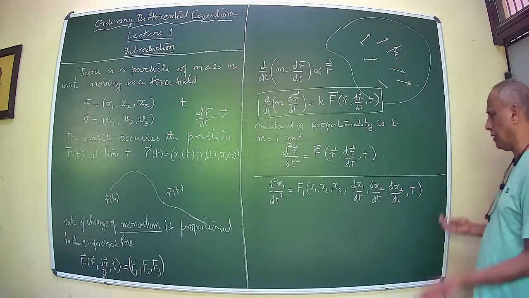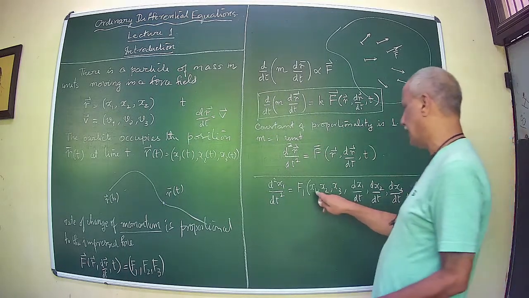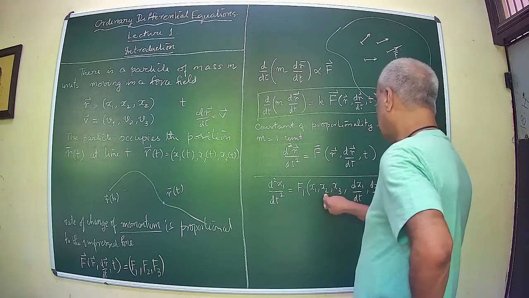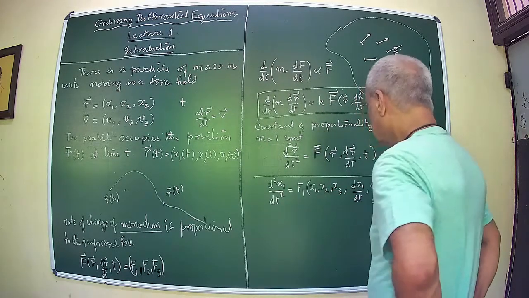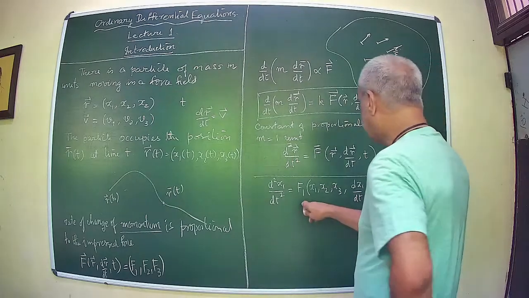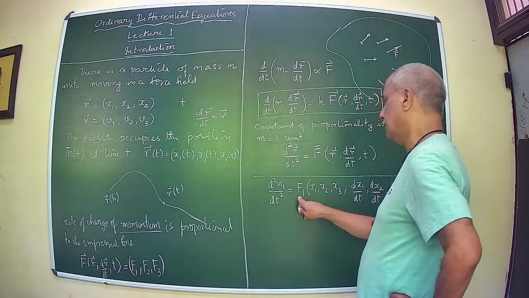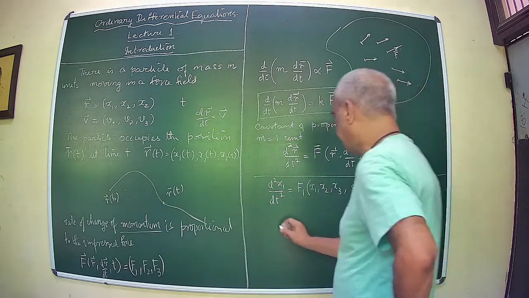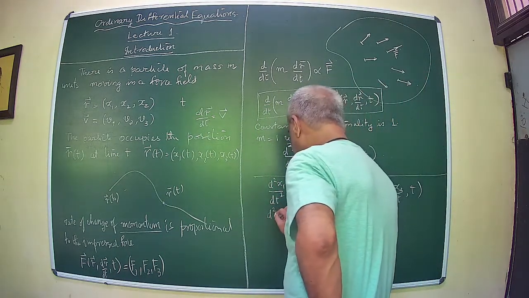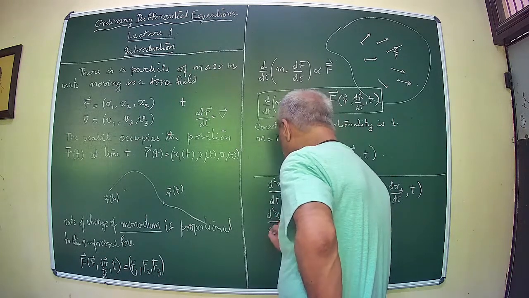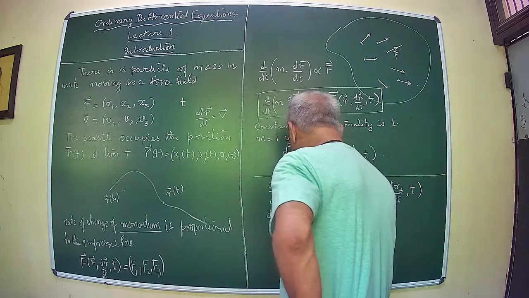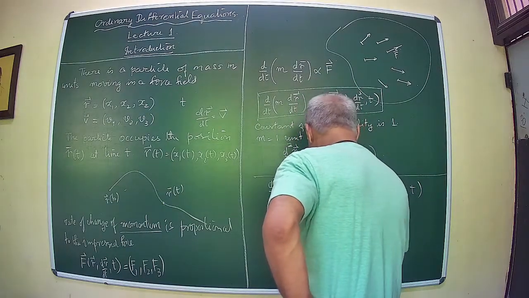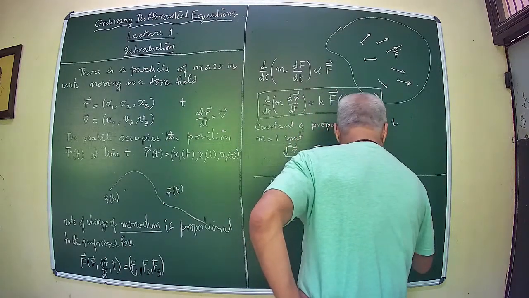Therefore, the problem is this: the unknowns are x1, x2, x3, where all these things are known here. f1 is given, and then you know that these relations are satisfied. I will also write the other two relations.